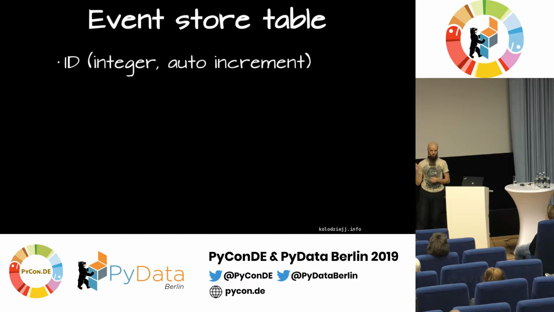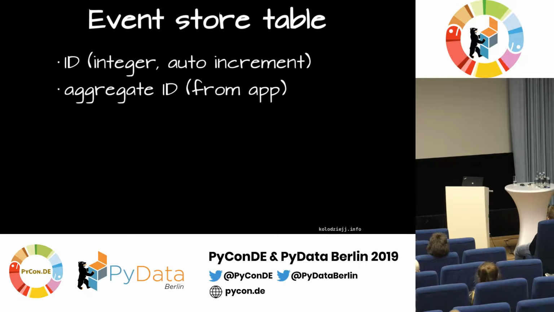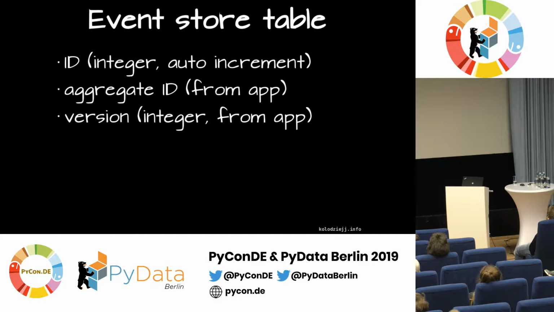So what do we have in an event log? We have a few columns. First is ID, the basic auto-incremented integer ID of an event. We have an aggregate ID, because all events need to know which aggregate they are connected to. And there's a version column.